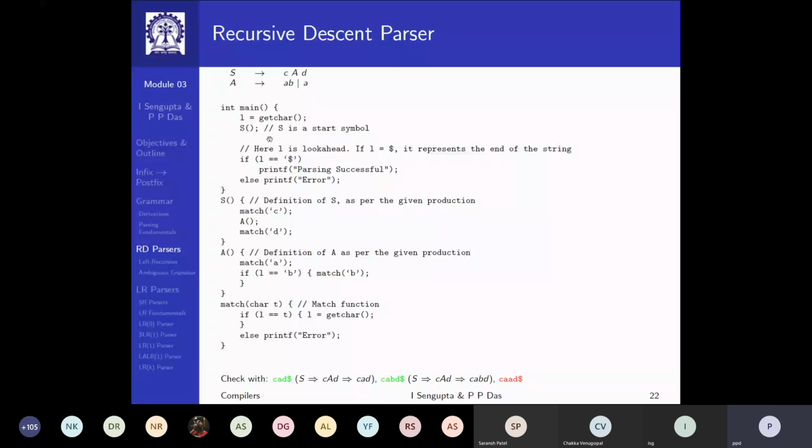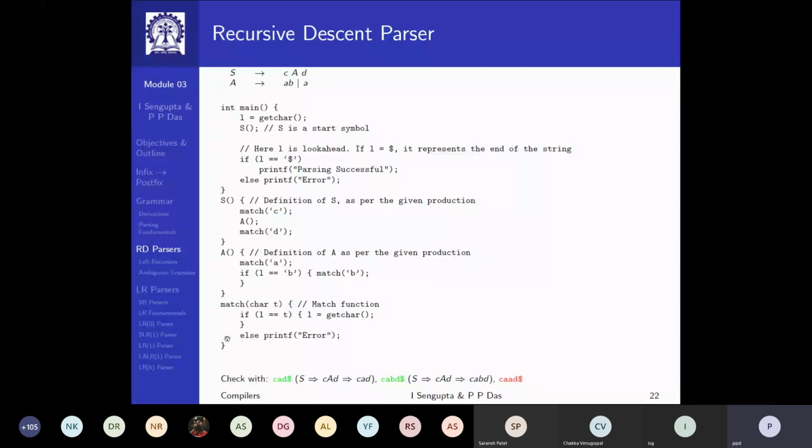To check whether it is this intended symbol C, you write an auxiliary function called the match function. What does a match function do? It takes a character that you intend to match and matches it with L, the look ahead character. If they are equal, then you know you are correct. So you move your input marker one step; that is, you have consumed the input symbol that was there as a look ahead.